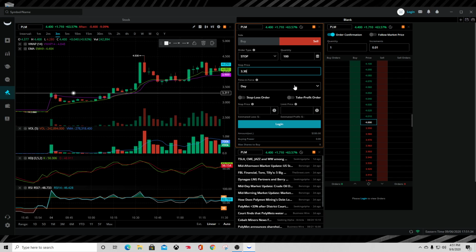Time in force, whether it be good for today or good till canceled, let's just leave it for today. So now we are in the position at 345. If that stock comes down to 330, we stop out and we lose 5% of our position size, right?